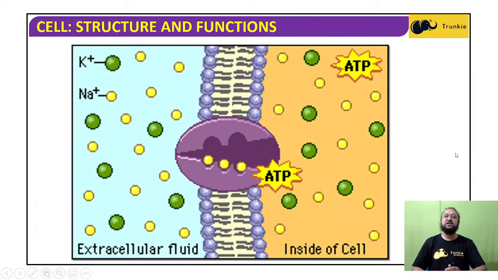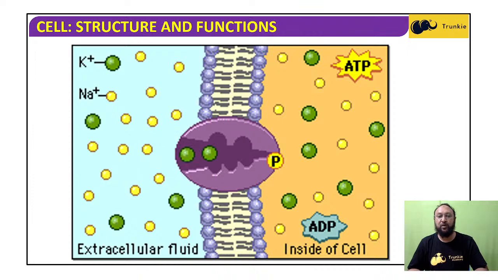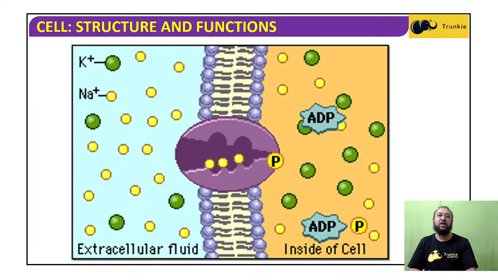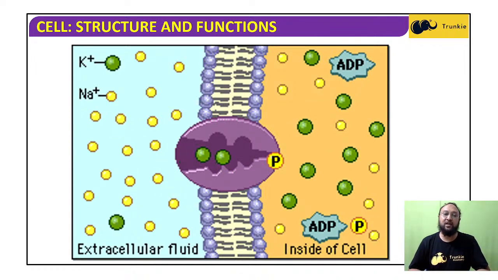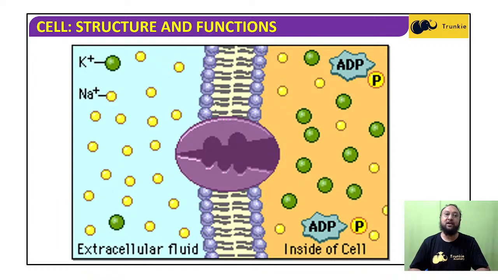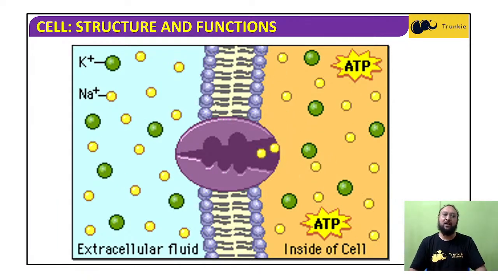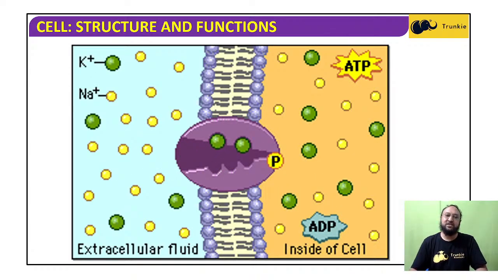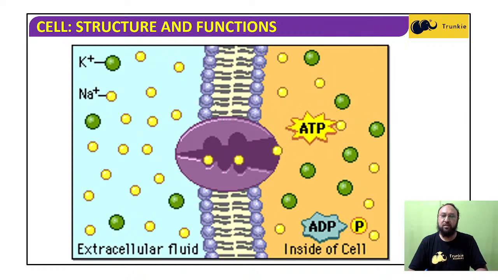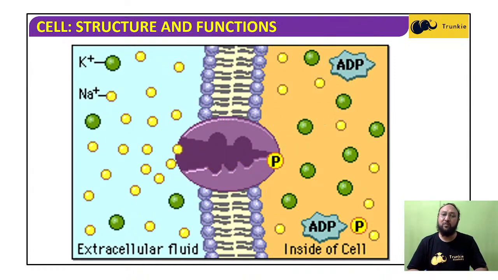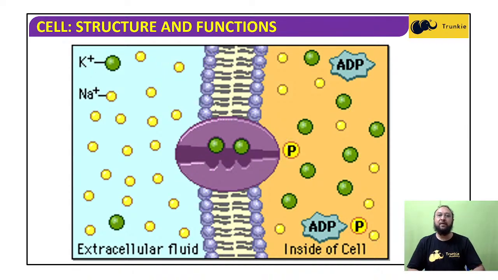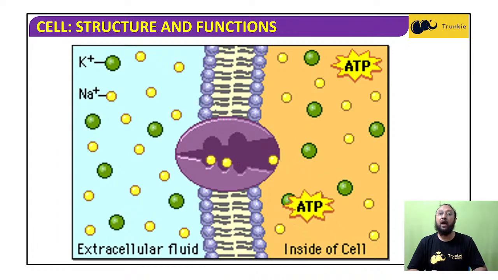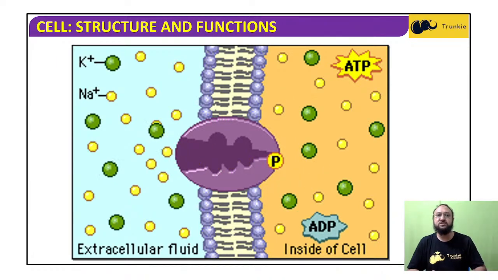Here you can see the ATP is there, now it is moving. This yellow spherical substance is depicted as the sodium ion. If you observe, the sodium ions are present in lesser concentration in the extracellular fluid, and the concentration of sodium ions is more inside the cell. So what will happen? This has to move against the concentration gradient, from lower concentration to higher concentration.